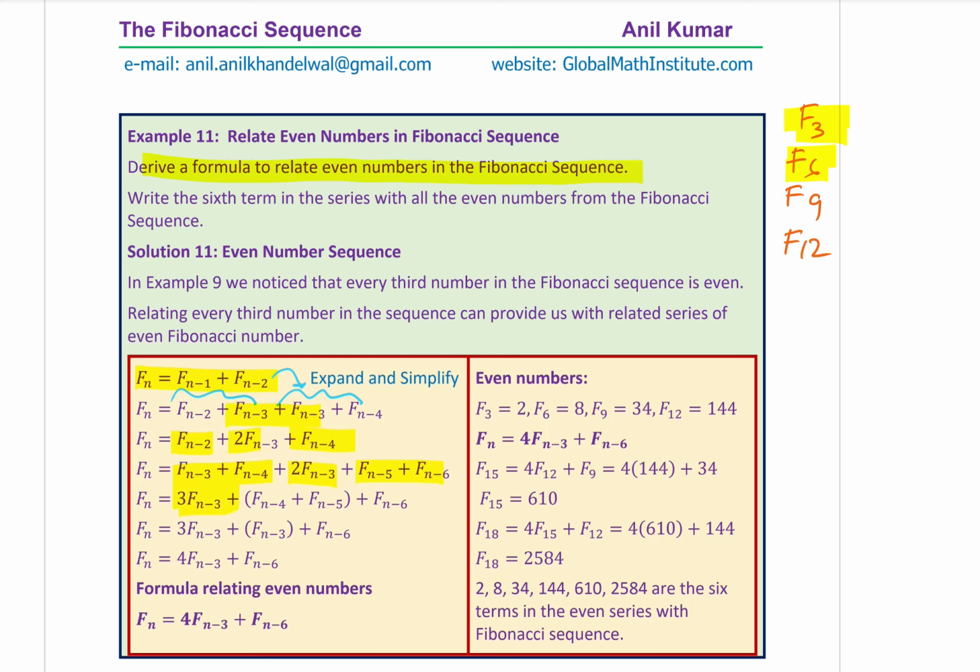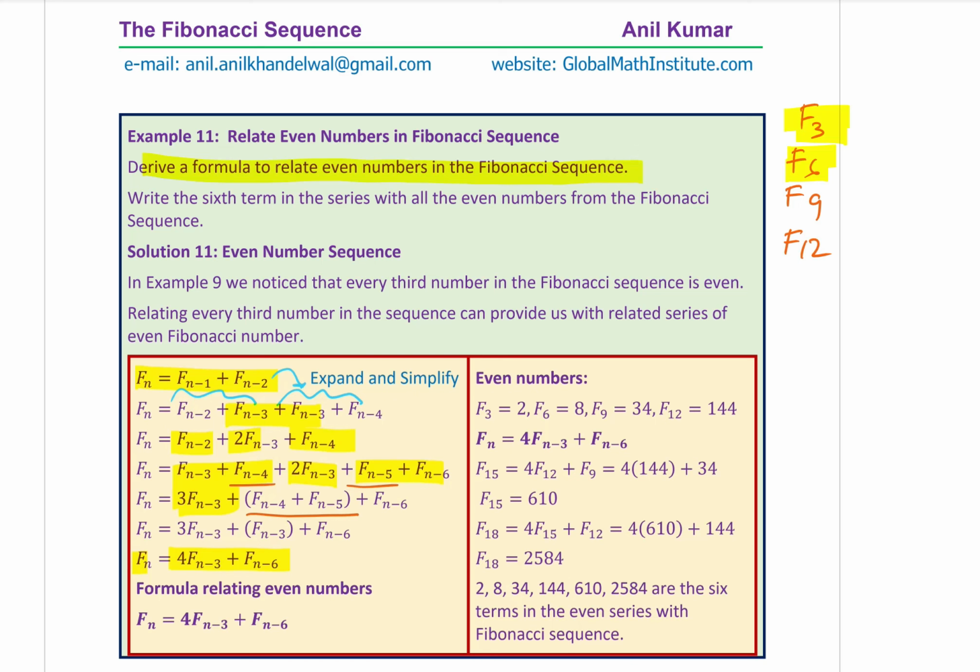We got 3 of them there, and these two can be combined to form another F3, right? So these two terms, Fn minus 4 and Fn minus 5, are combined. Fn minus 6 is a required number which is also even for us, and therefore what we end up with is 4 times Fn minus 3 plus Fn minus 6 is equal to Fn.